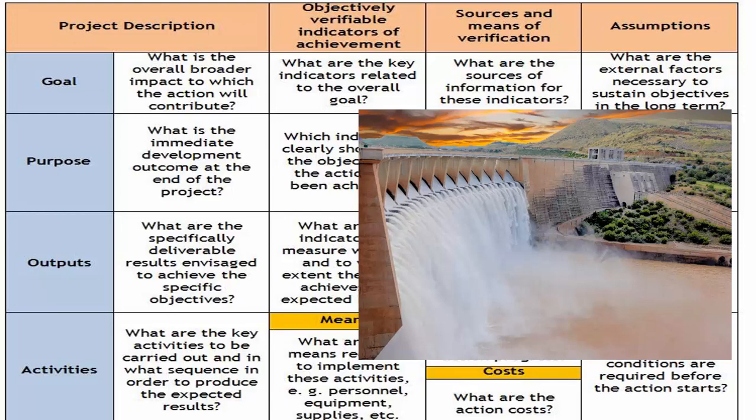The output is the immediate product that is achieved as a result of the activities implemented. In this case, what is the immediate product when you undertake the activities? It is the dam. When we say purpose, what is the outcome achieved because the dam was constructed? Well, I know maybe you don't know a dam and its purpose, but there are different kinds of dams that fulfill different purposes.